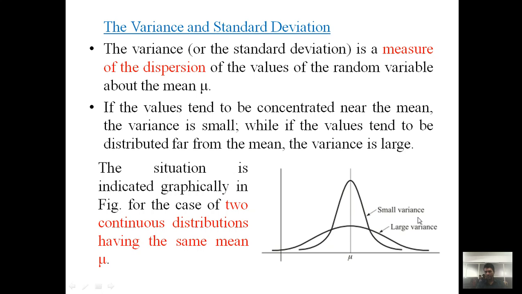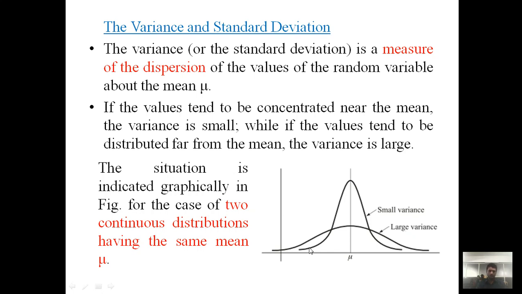So this graph shows a small variance. And if the variance is large, just like the curve below, then we say that there is a large variance.